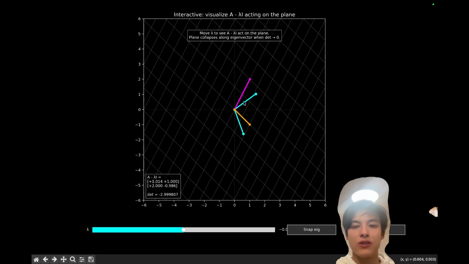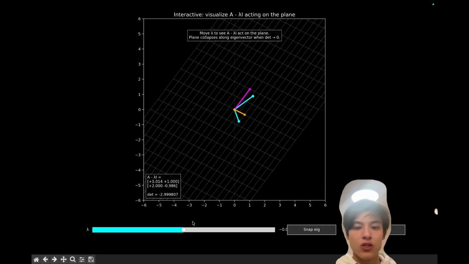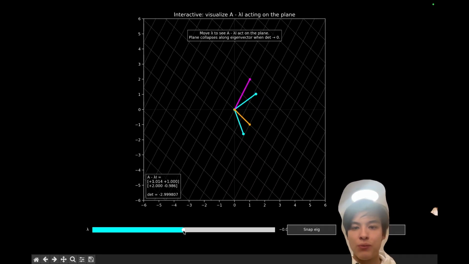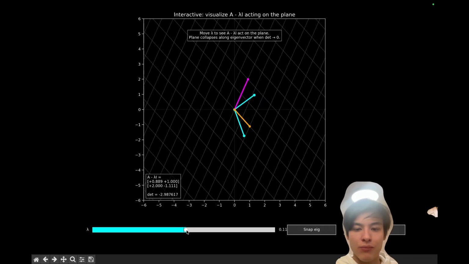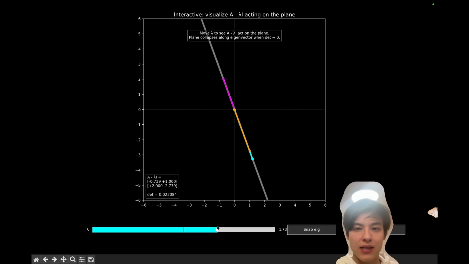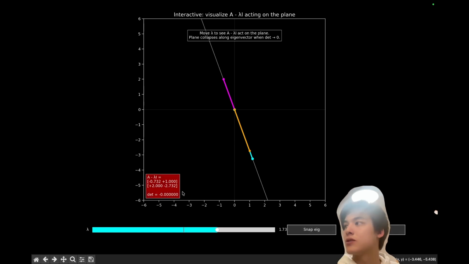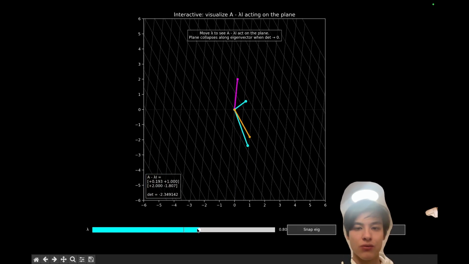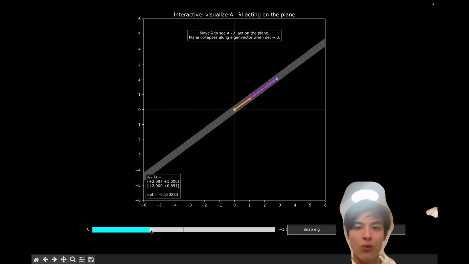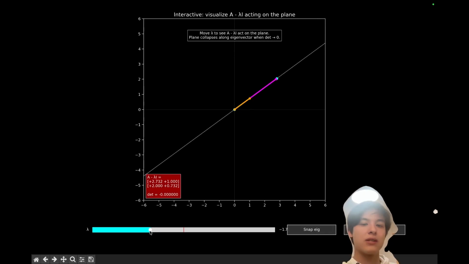This was the first matrix. Basically, it scales the eigenvector by 1.7, and in this direction by minus 1.7. So here we multiply by 1.7, and if we subtract 1.7, we can see that one of the dimensions goes to 0, and then our determinant will be 0 as well. So that's how we find the eigenvalues and eigenvectors.